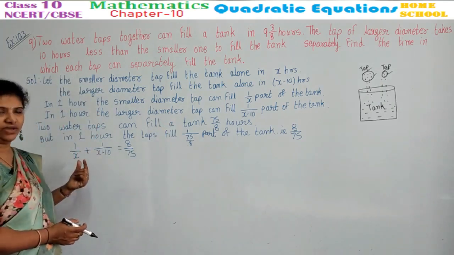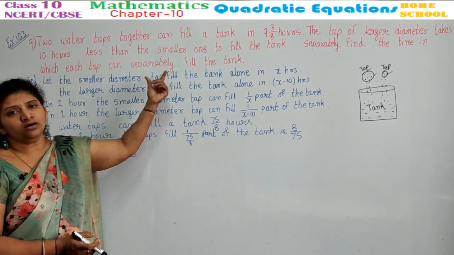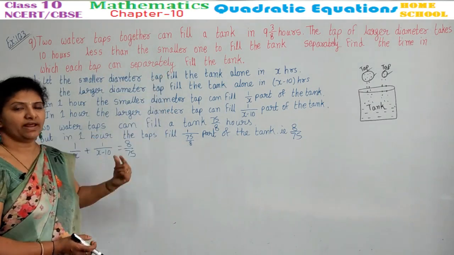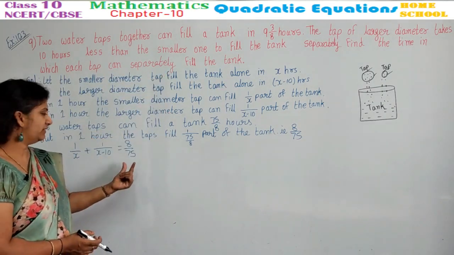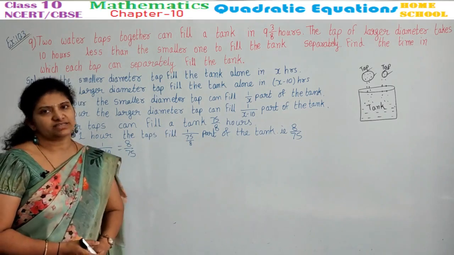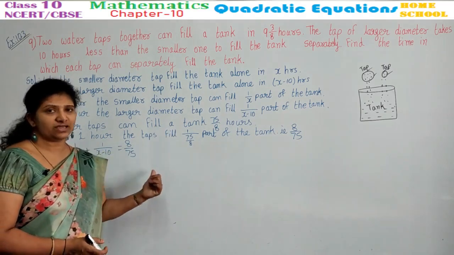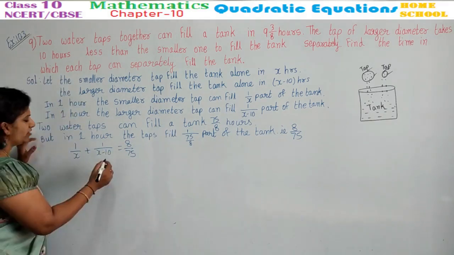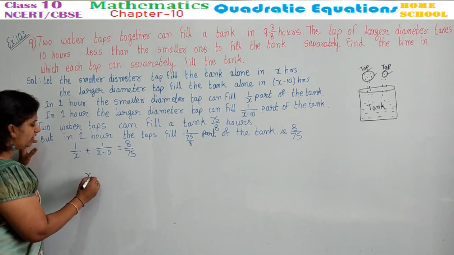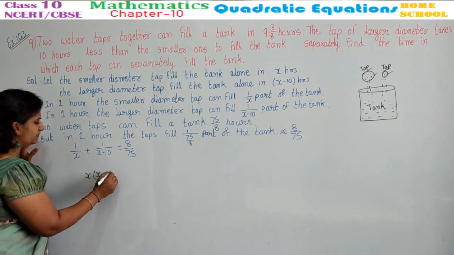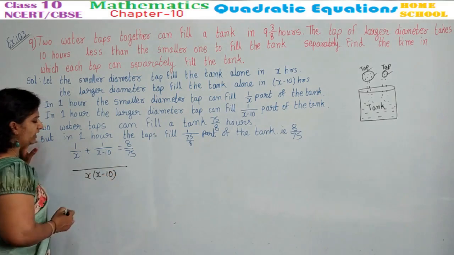Now frame the equation. Smaller diameter tap plus larger diameter tap is equal to 8 by 75. We are doing this equation for 1 hour. Let's do the LCM here. x and x minus 10. Denominator as it is.